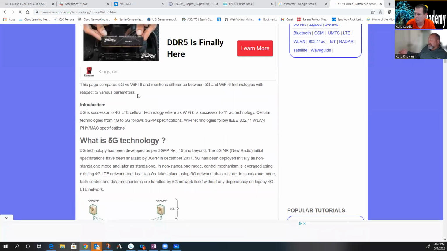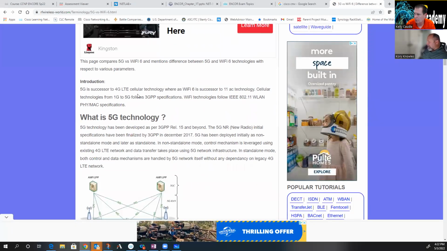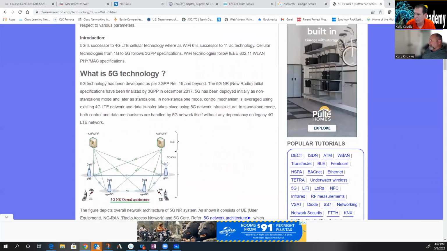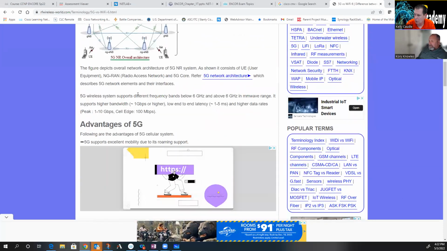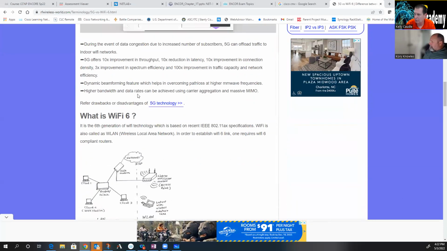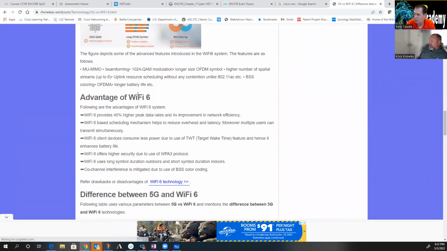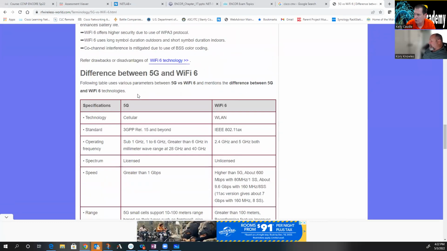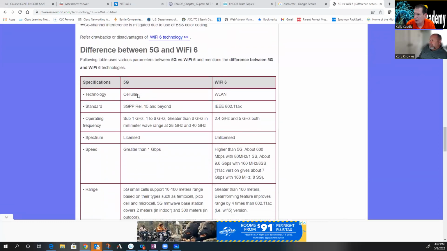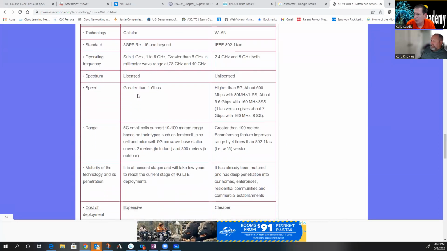When the newest IEEE 802.11 standard comes out, that's going to be Wi-Fi 7. I swear I read something about 5G being very close to Wi-Fi 6. It may move traffic at the same speeds.